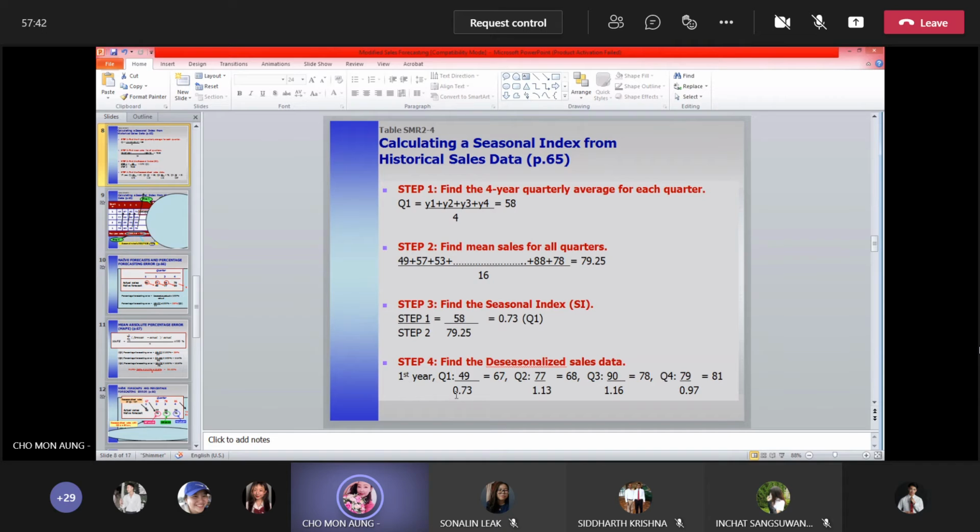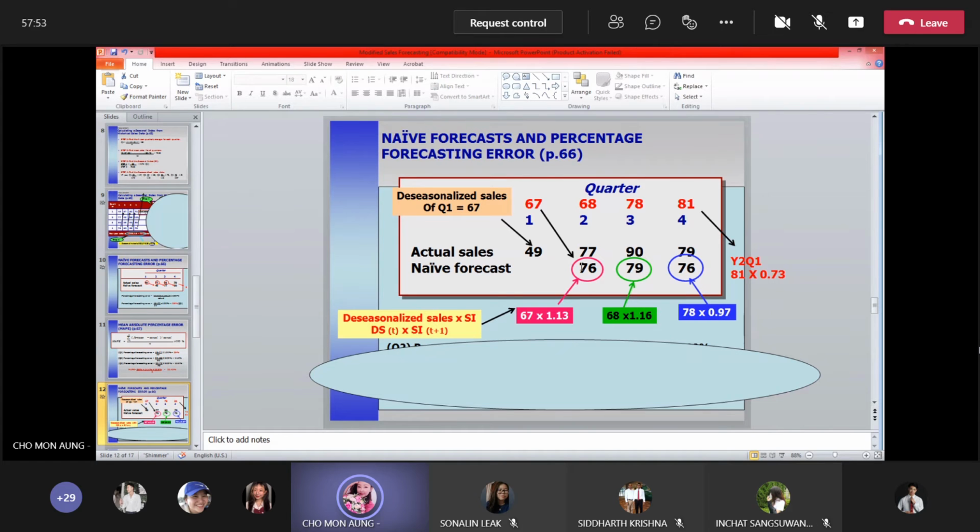In step number 4, for quarter one deseasonalized sales, we divide by the seasonal index of quarter one because this is for quarter one. Now we are going to forecast for quarter two. Therefore, the deseasonalized sales of quarter one, we have to adjust by multiplying with the seasonal index of quarter two so that it fits quarter two.